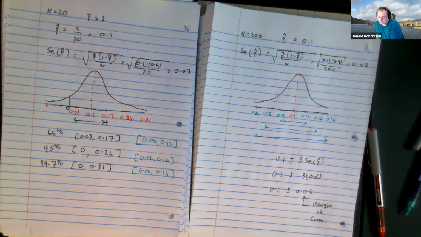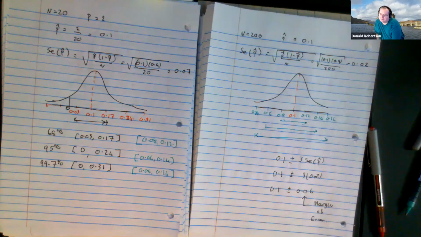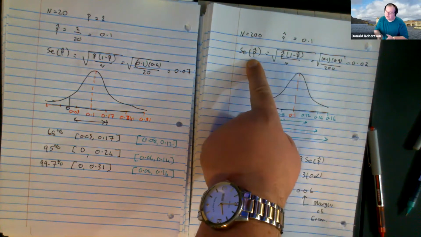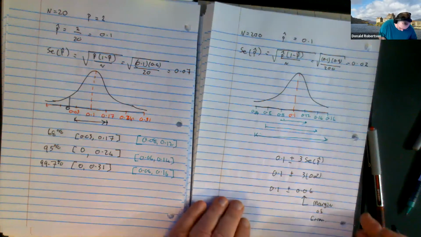And you always wondered, where did that plus or minus 3%, or in our case, plus or minus 6% come from? Can you see where it came from? It came from plus or minus 3 standard errors, right? That kind of makes sense to me.